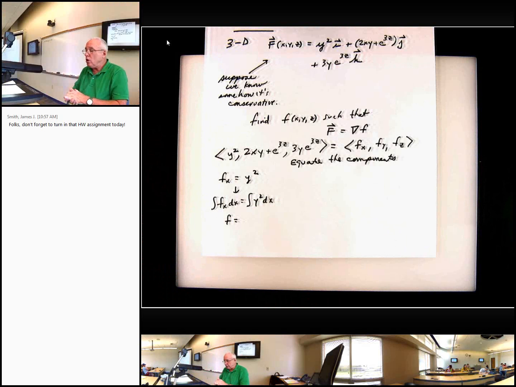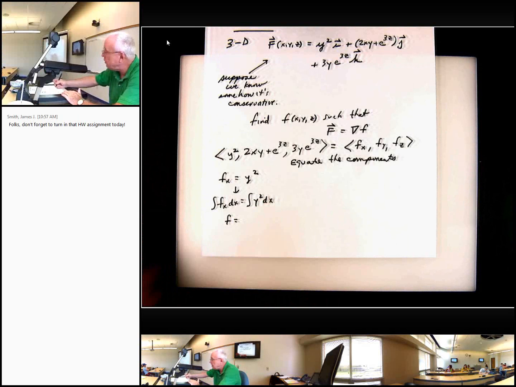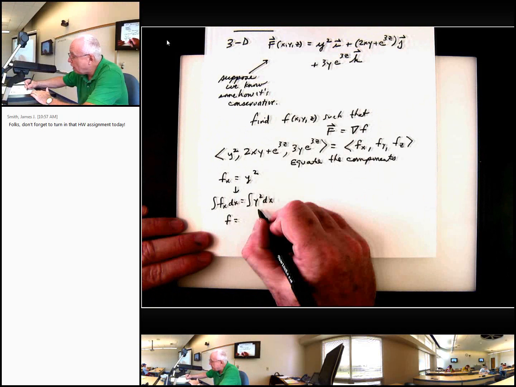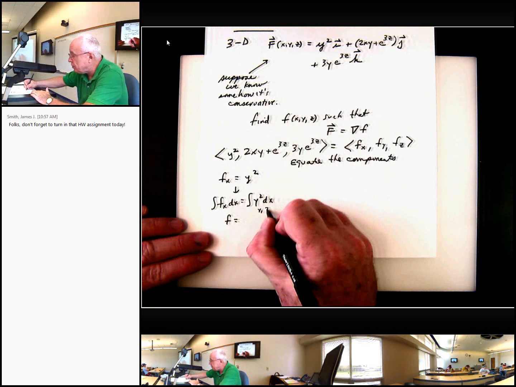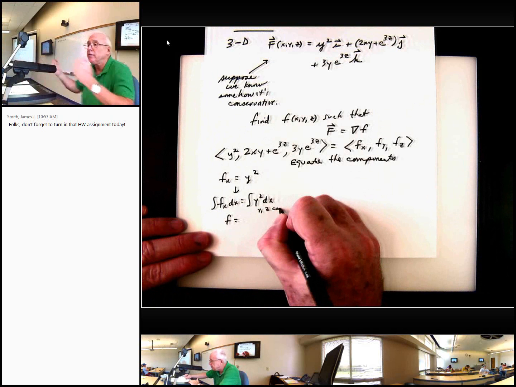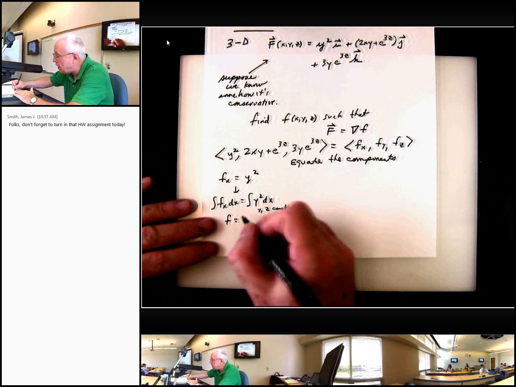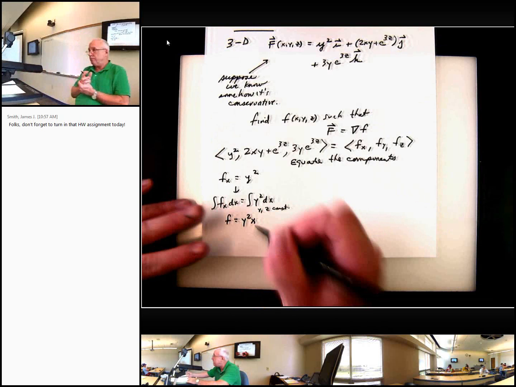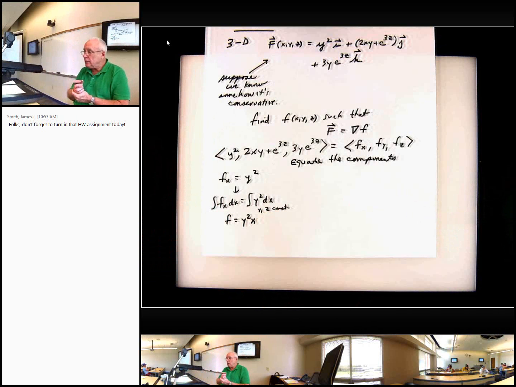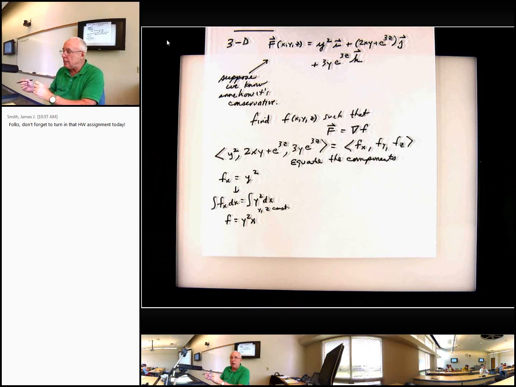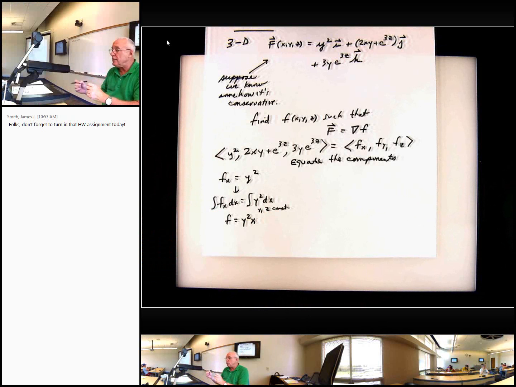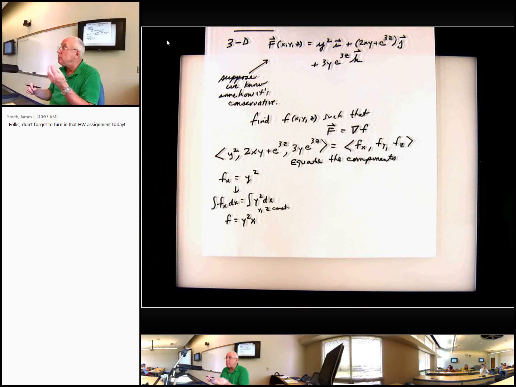On the right side, when we integrate with respect to x, y and z are constant. Now we only have the variable y here. That antiderivative is going to be y squared times x. But this time, the extra function at the end could be a function not only of y, but also of z, the other two variables.